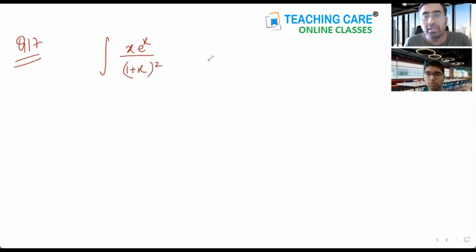Now question number 17. In question number 17, they have given that we have to integrate x times e raised to the power x over (1 plus x) whole square. See, we just learned the concept. What we learned is that whenever e raised to the power x comes, then it should be f(x) plus f dash x.